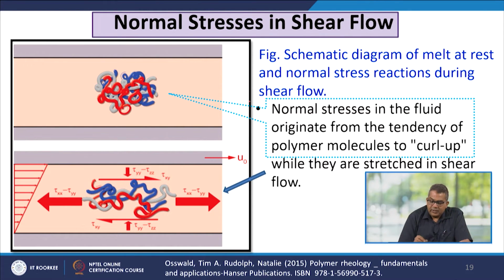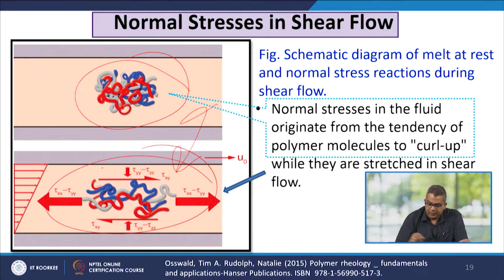Now, this is the schematic diagram for a melt at rest and the normal stress reaction during shear flow. The normal stresses in the fluid originate from the tendency of the polymer molecules to curl up while they are stretched in shear flow.